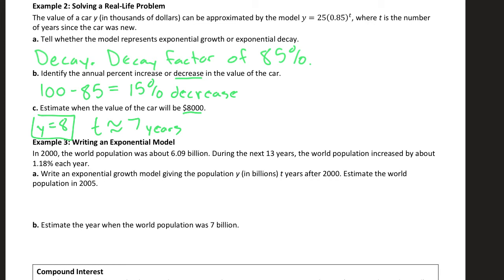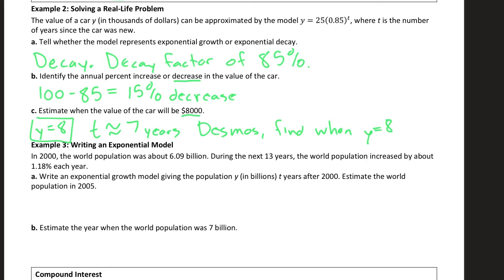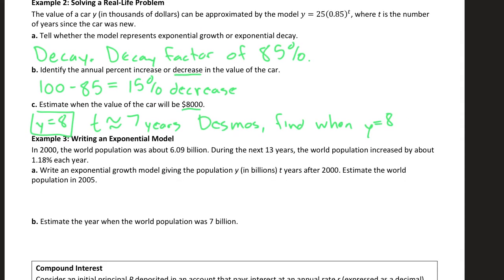But my suggestion is to use Desmos and find when y equals 8. It'll correspond to that $8,000. With problems like this, you need to understand that the value is y and the years is t. But when you graph this, make sure that instead of t, you use x as your variable, okay?